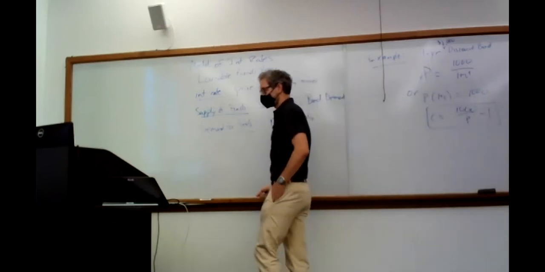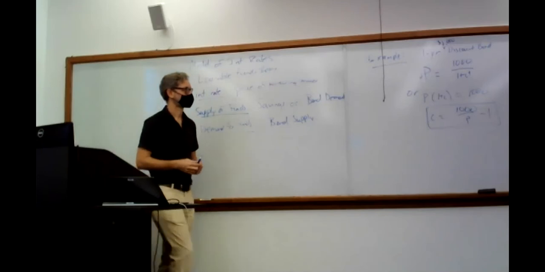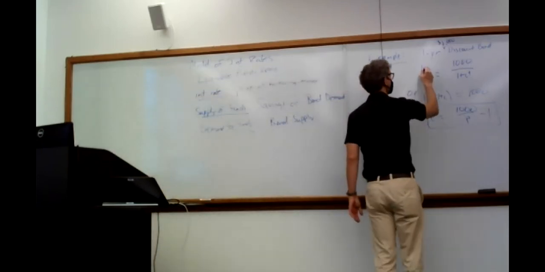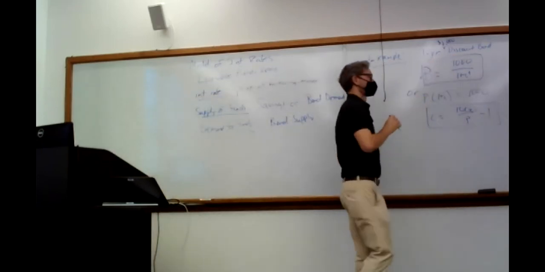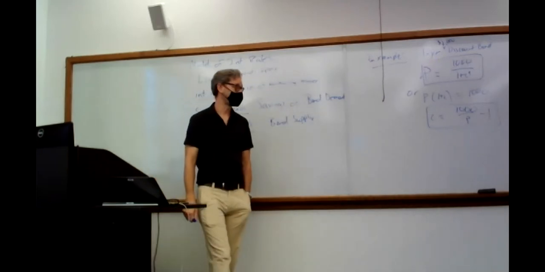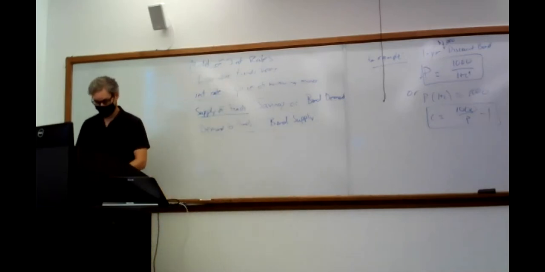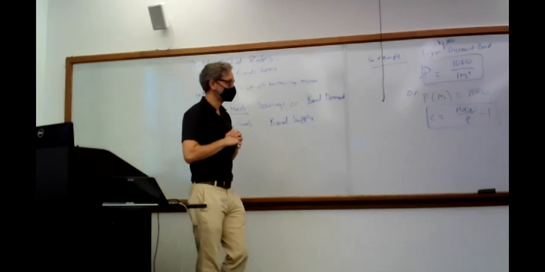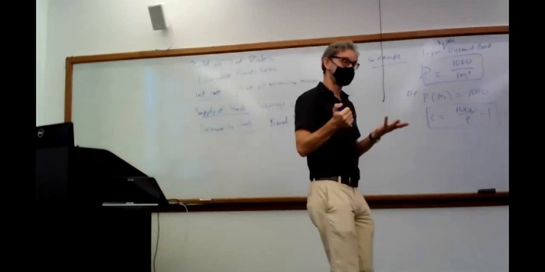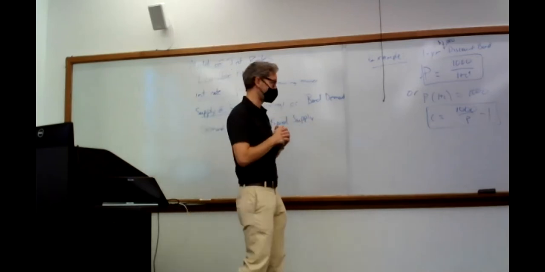We could also rewrite this in this way, to see this relationship between the price and the interest rates. So when interest rates go up, prices need to go down. Prices go down, interest rates go up.